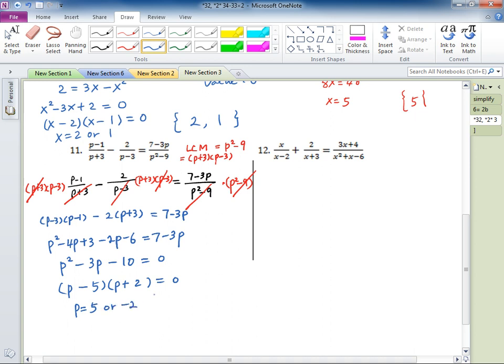Now I need to check with my excluded values. Excluded values for these rational expressions are negative 3 and positive 3, right? Excluded values are plus or minus 3. So I can take 5 and negative 2 as my solutions.